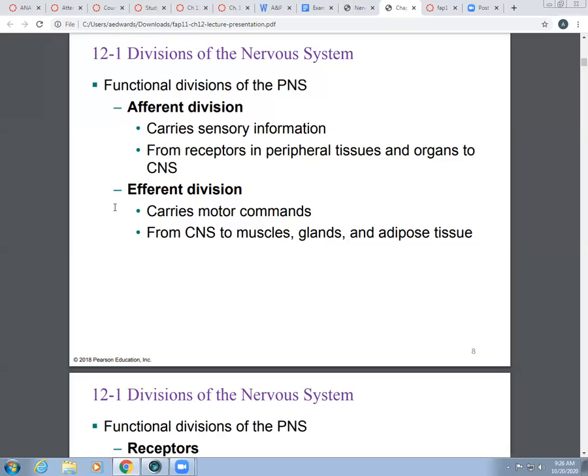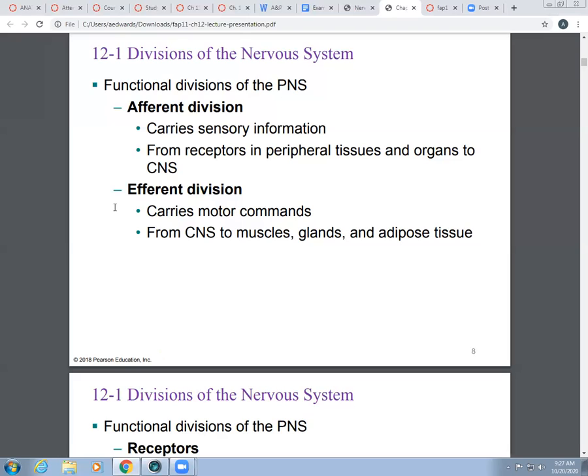Now you also have an efferent division, and that's responsible for carrying motor commands, telling your body to do something. So here information is going from the central nervous system to your muscles, could be the adipose tissue, could be the glands. Okay. So afferent is sending signals to the central nervous system.